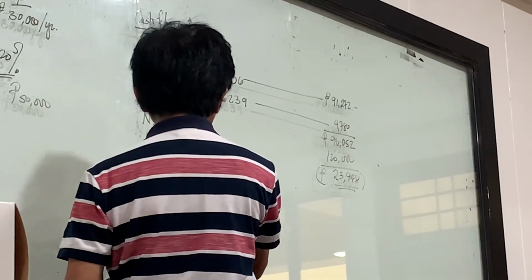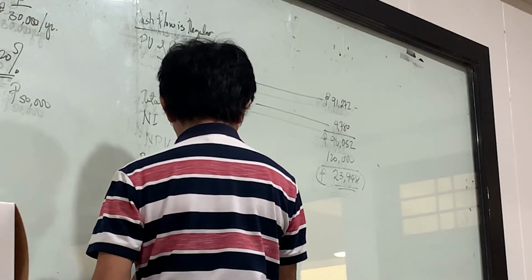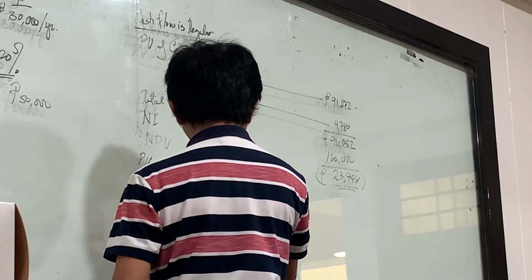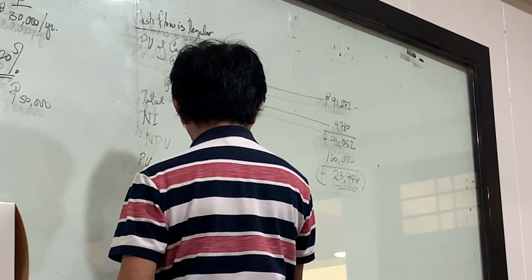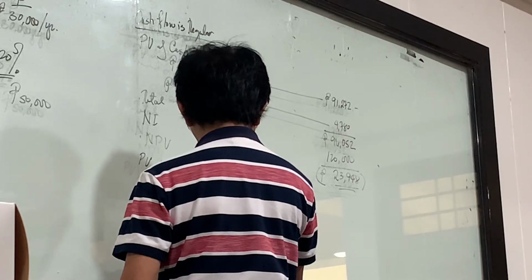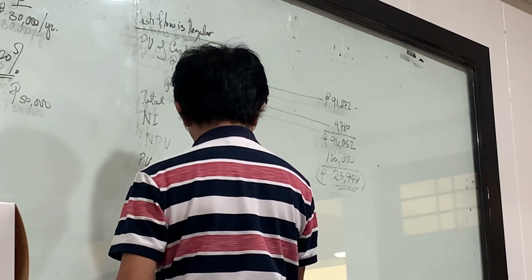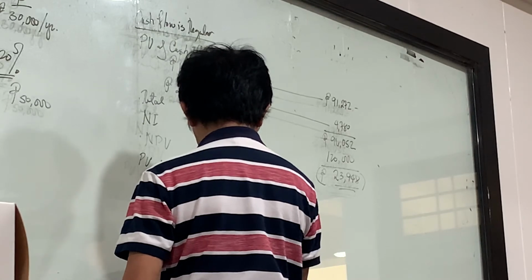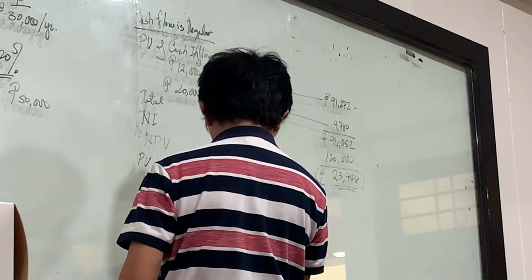Ilang cash inflow for year 1? 10. For year 2? 20. Year 3? 40. Year 4? 10. Year 5? 30. Year 6? 60.